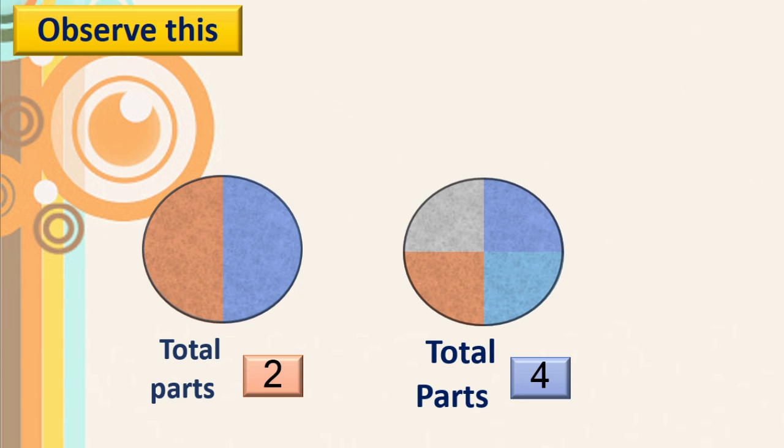Okay, here total parts are 4. Now dear children, see this first. Out of 2 parts, how many blue color parts are there? Only 1. So this half part is colored in blue. So how do we write half? That is 1 upon 2.